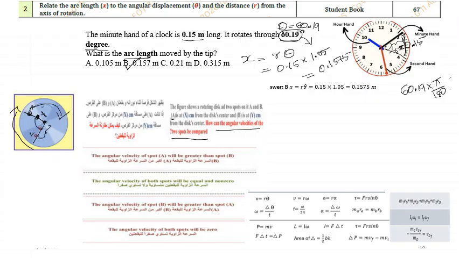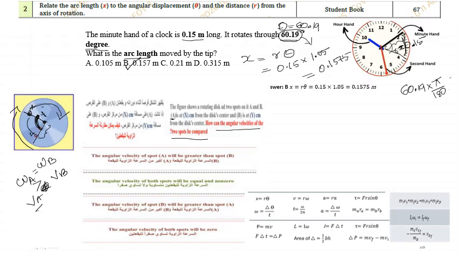The angle rotated by each point is exactly the same, which means the angular velocity of A must be equal to the angular velocity of B. Suppose I am asking for the linear velocities VA and VB. B is closer, so it rotates through less distance. This distance is comparably less and this distance is more. So the linear velocity VA will be bigger and VB will be smaller.